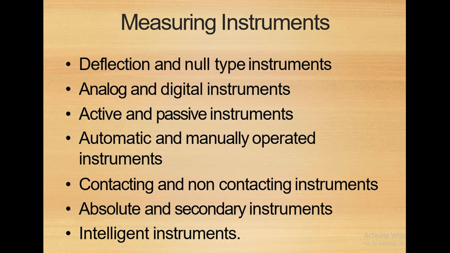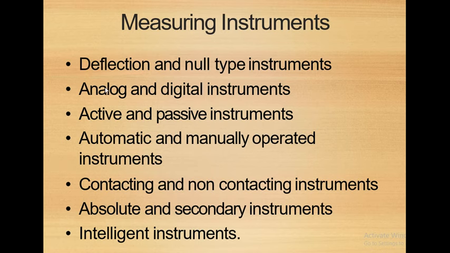Now let us see the next point, that is measurement instruments, or measuring instruments. There are n number of instruments, but any measuring instrument is broadly classified as in the list given here. The instrument can be a deflection or null type of instrument.